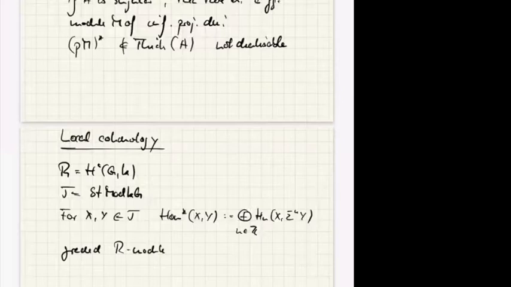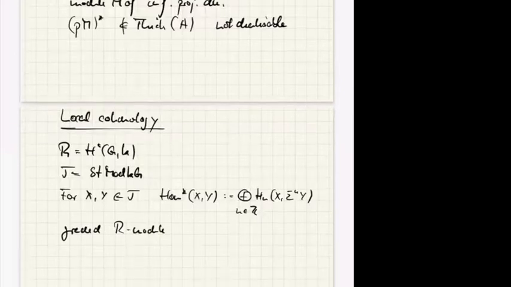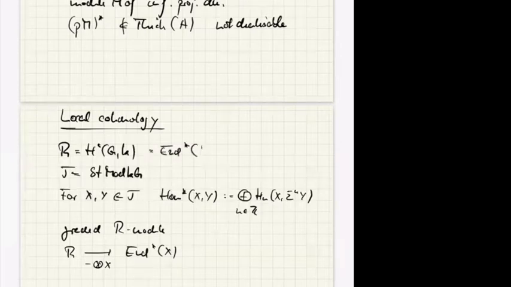For example, one way of seeing it is if you take R and the map into the graded endomorphism ring of an object X, then you just tensor with X, and any endomorphism of the tensor unit, so these are the graded endomorphisms of the tensor unit K, produce endomorphisms.